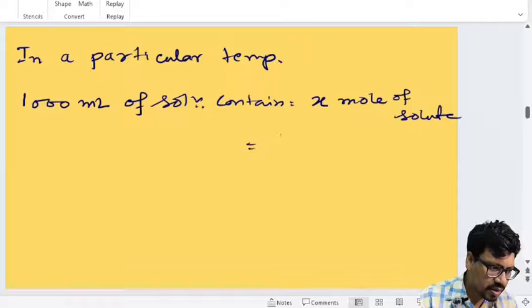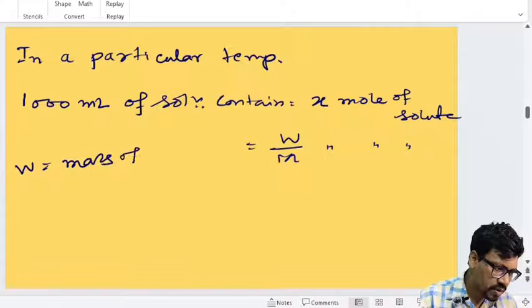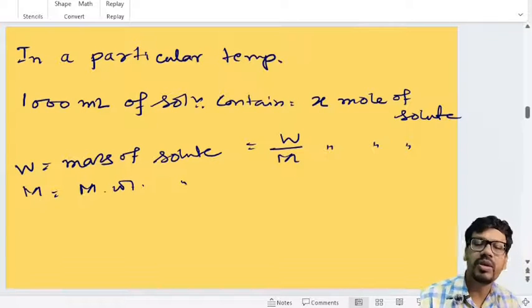That means W by M mole of solute, where W is the mass of solute and M is the molecular weight of the solute. Clear?